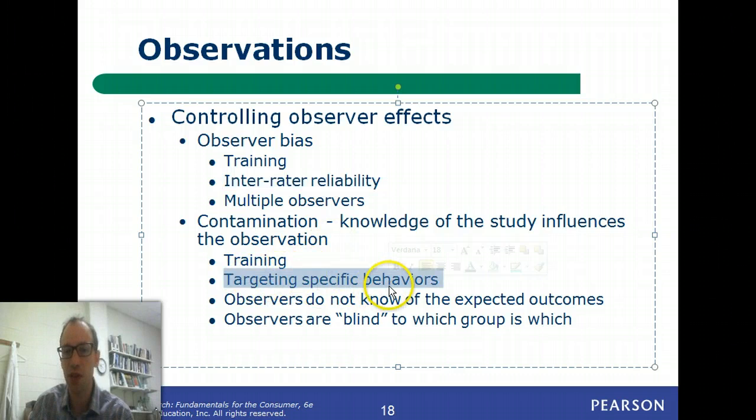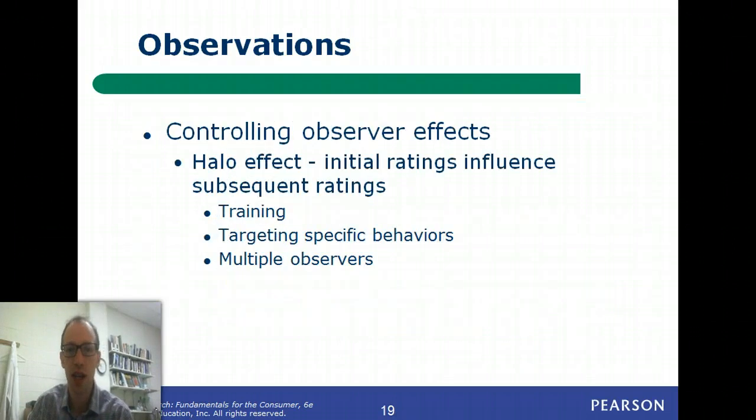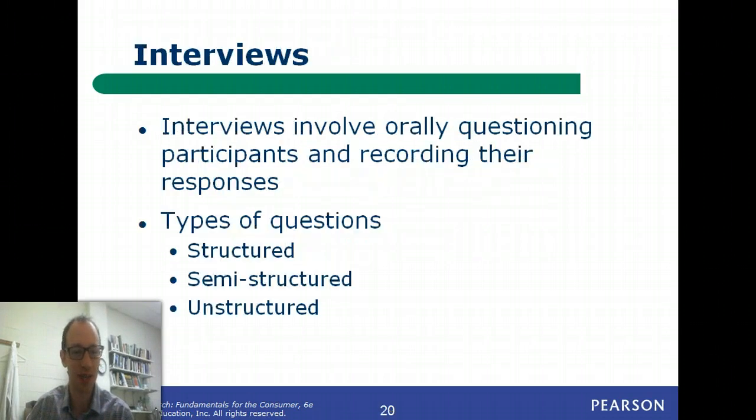Specific behaviors means that would be low inference typically instead of high inference. And not necessarily letting your observers know what you're studying. So this is not unethical versus not letting your participants know what you're studying, which is a different issue. Halo effect is funny when you have a positive first impression, so everything's positive about that person, or negative. This can happen in dating a lot.